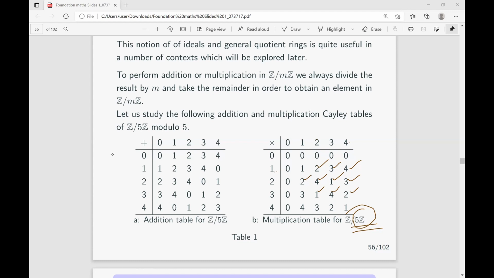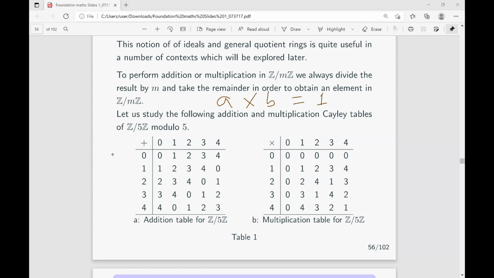Now, I've raised a question here. We want to see what is the inverse of these elements. I've already said 0 would not have an inverse. What is an inverse of an element? If I have an element A, B is said to be the inverse of A under multiplication if this product gives us 1.